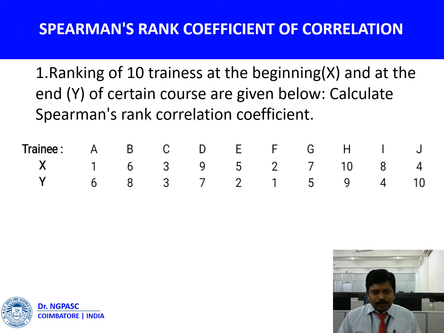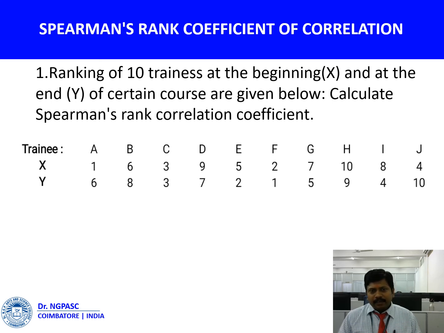Next, we have to see the heading of Spearman's rank correlation coefficient. In Spearman's rank coefficient of correlation, ranking of 10 trainees at the beginning, capital X, and at the end, capital Y, of a certain course are given below.